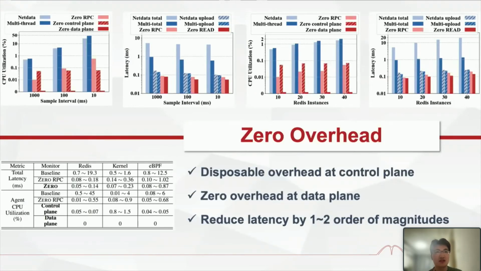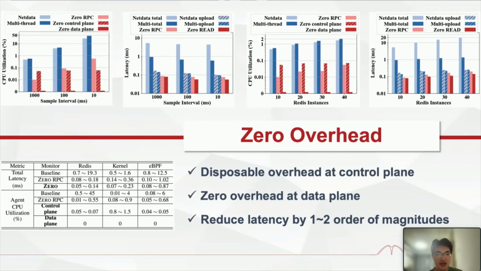This table summarizes the overhead of Zero in 3 case studies. First, we observe that the overhead of the control plane is negligible because it's not affected by the sampling interval, as shown in the first figure of the Redis case.